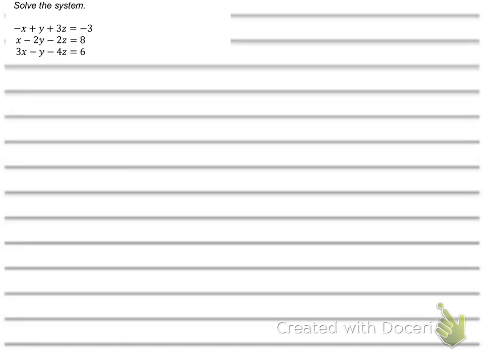Okay, so first thing, I'm going to number these. I'm just going to say the top one is 1, this guy is 2, and this guy is 3. So now I'm going to decide which variable I'm going to be eliminating, okay? And I think I'm going to eliminate y.